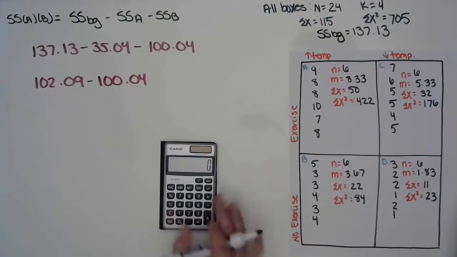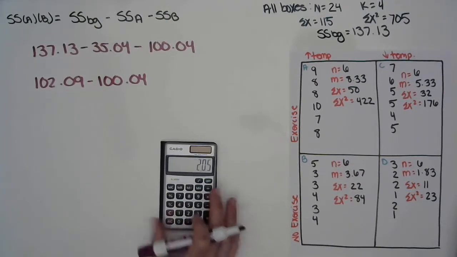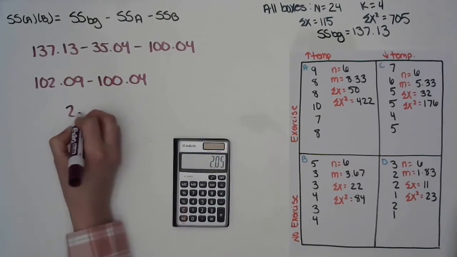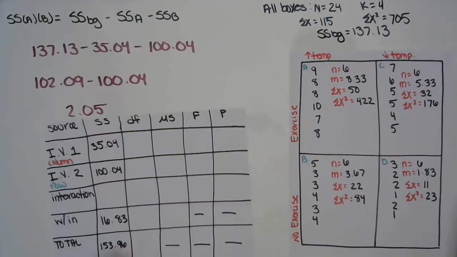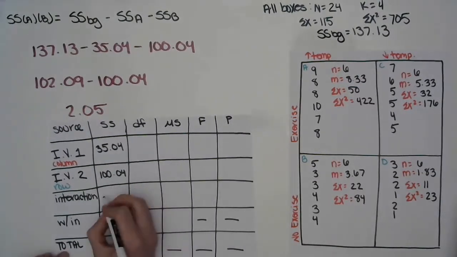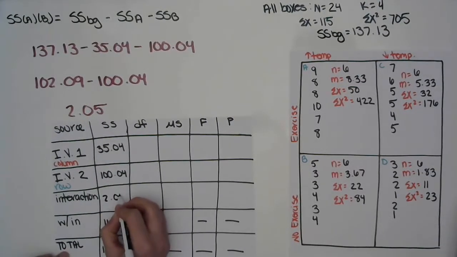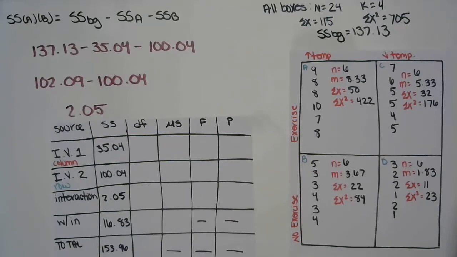Okay, so when we take 102.09 minus 100.04, that's going to give us 2.05. Then we just take our table here, and in our interaction spot, we are going to write 2.05.